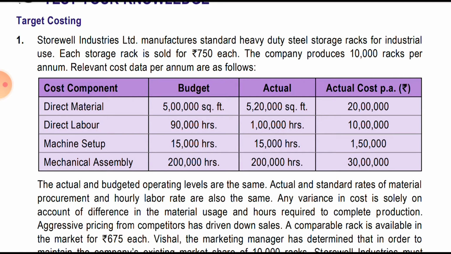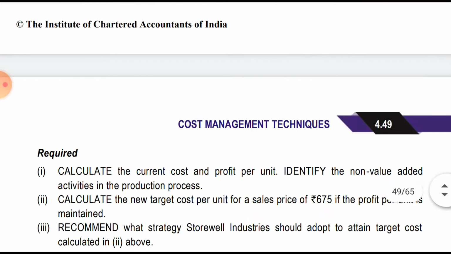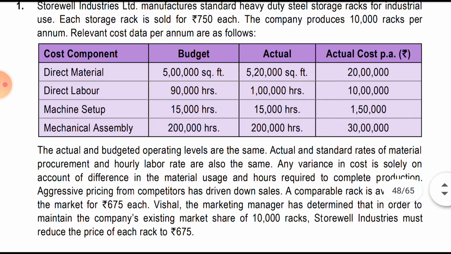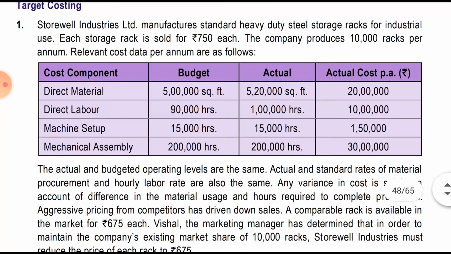Okay, so in this, first they simply asked to find out the current cost and the profit per unit. Current cost and profit means we have to see the actual figures. First, we are selling 10,000 units at 750, so we will multiply 10,000 by 750.